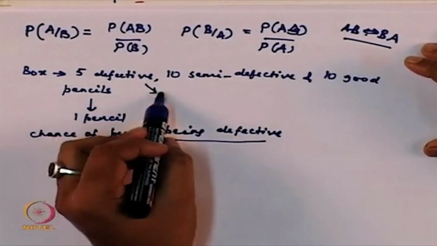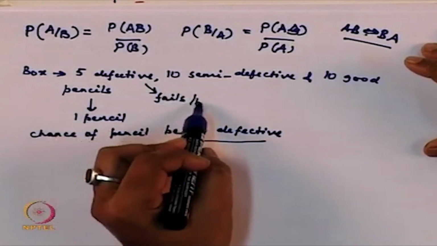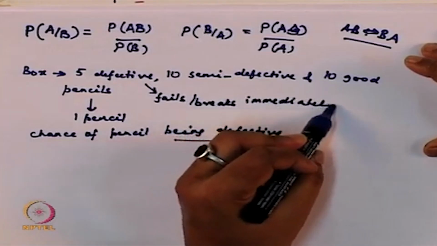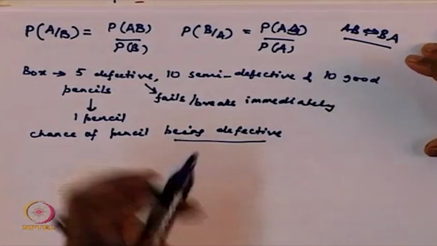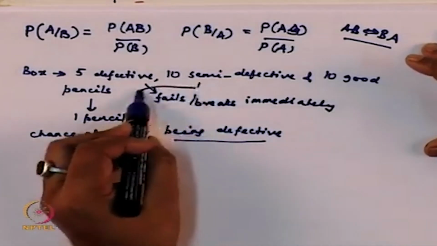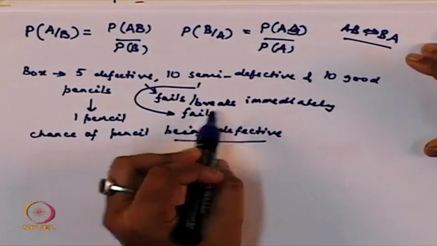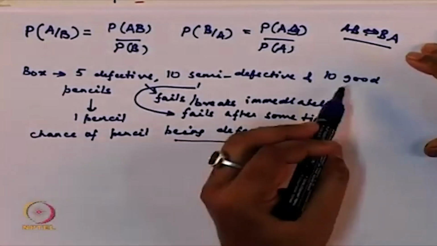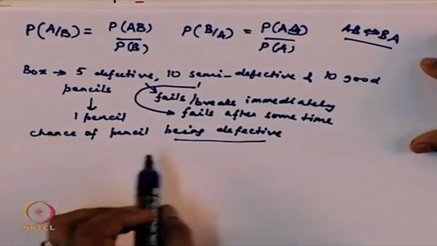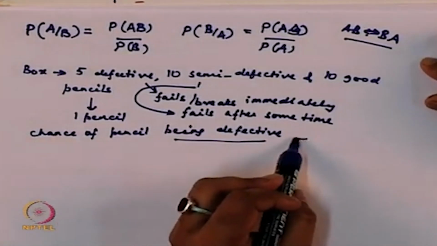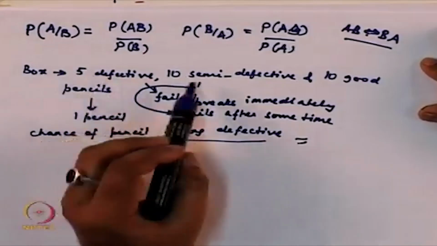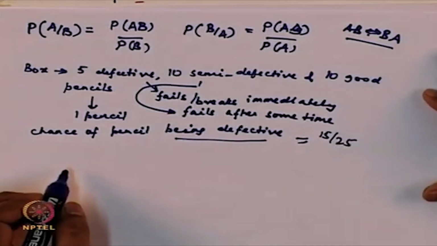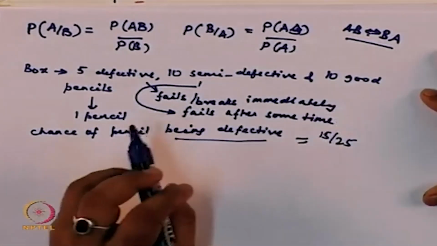So this one fails or breaks immediately, this one fails after some time, and these ones are good. So the chance of the pencil being defective is the total number of defective pieces, which is simply 15 by 25. So, you have 15 defective and 10 good.